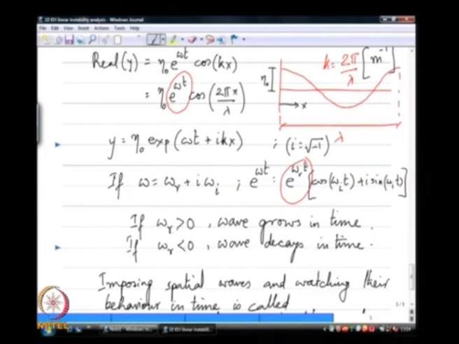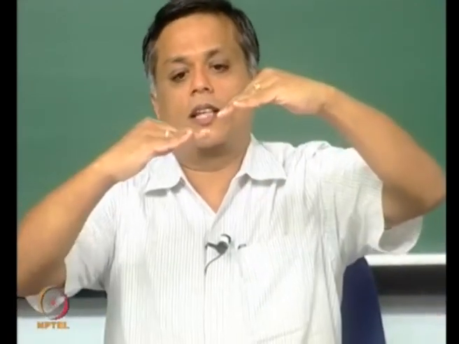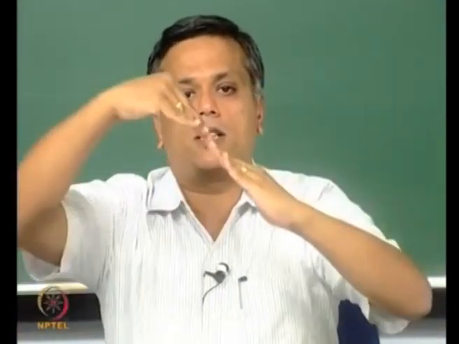If omega r is greater than 0, then the wave amplitude grows in time, because the amplitude is eta 0 times e power omega t, and the imaginary part of the growth rate essentially creates another sinusoidal motion in time. So, if the wave is simply going up and down in time, that would involve no imaginary part to the omega.